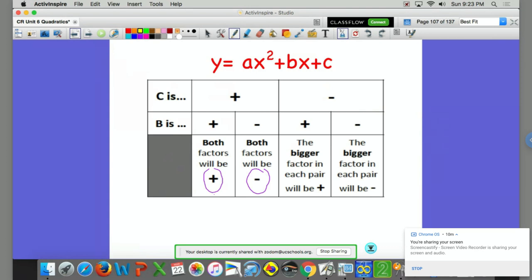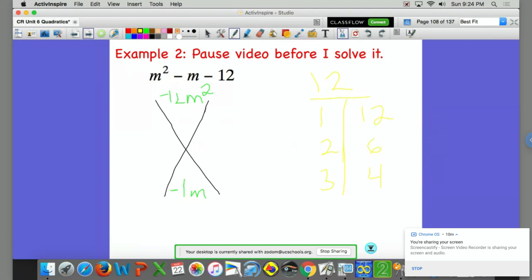So if our C is negative and our B is negative, well, that tells me that my bigger factor in each pair will be negative. So that means that the negative is going to go with the bigger number because we want to have a remainder of a negative. So that tells us that our bigger number is going to have to be a negative when it's added together. So which one of these will add up to -1?